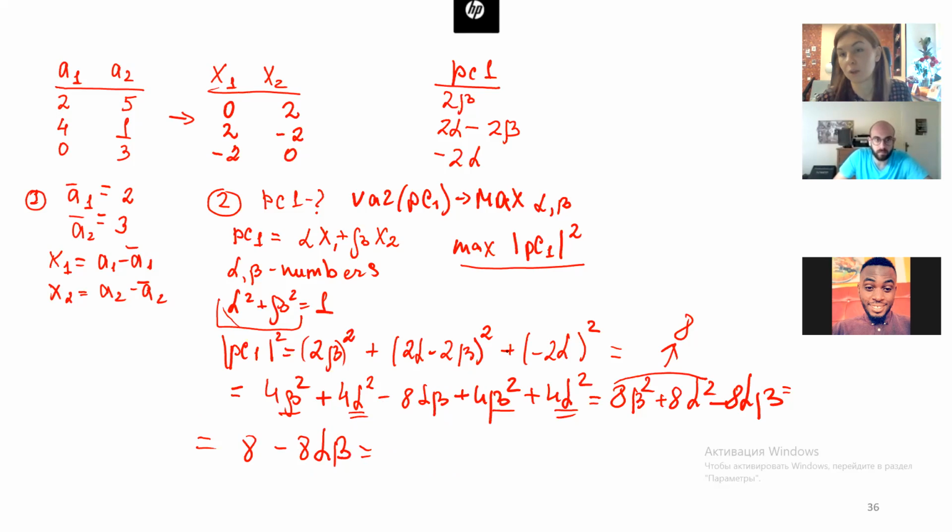We may do it, why not? We need to modify our equation in such a way that now we have two variables here. We know that alpha and beta depend on one another, and we want to transform this equation into an equation with one variable.